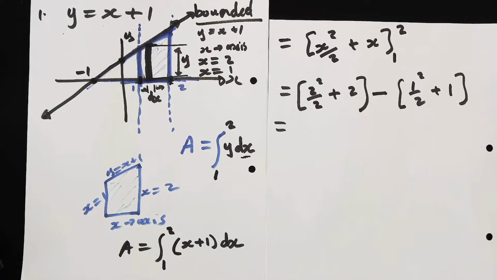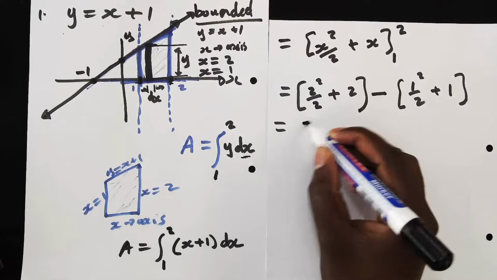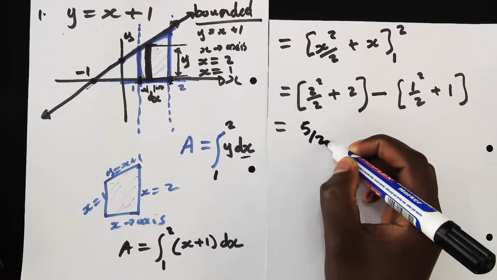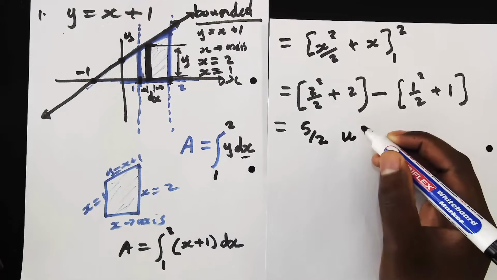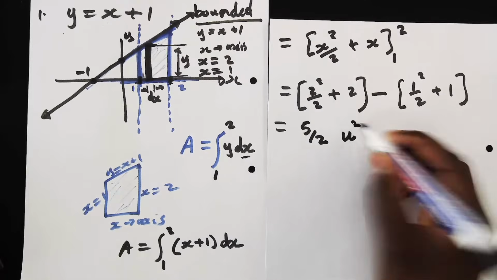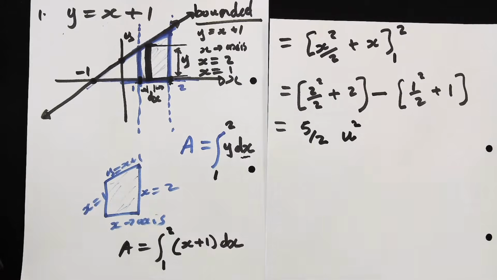So is it 5 over 2? So the answer is 5 over 2. You must say that this is area. Area is represented with square units. So we say square units.